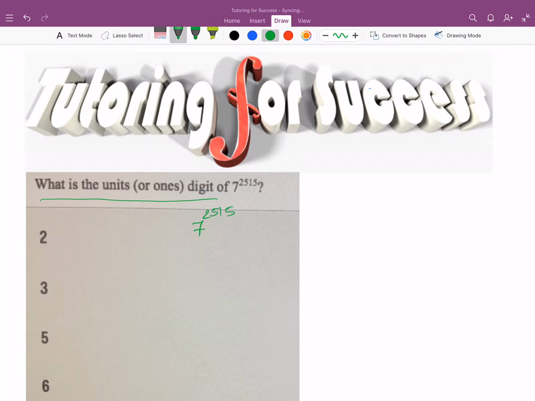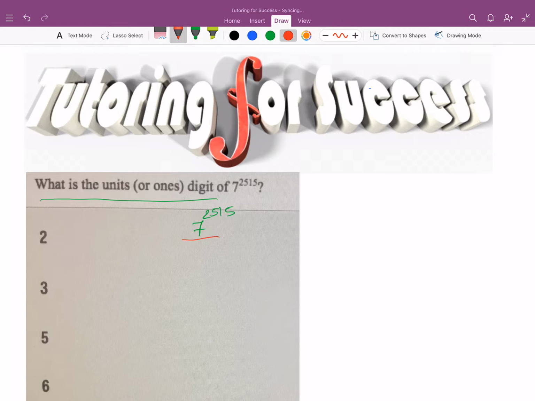Okay, so let's do this. The most effective approach is to expand at least 4, 5, or 6 terms of this exponent to see the pattern. Pattern recognition is the key to solving this problem.